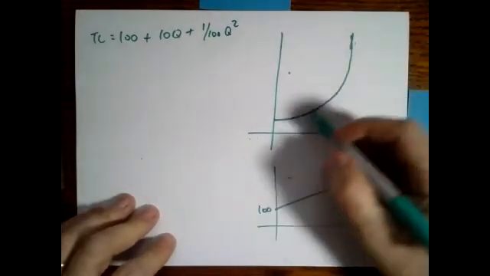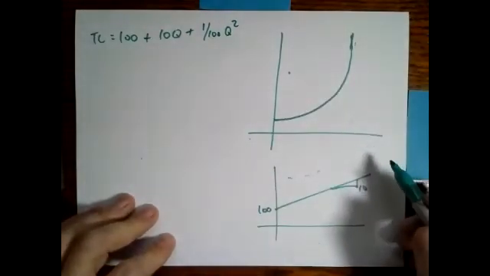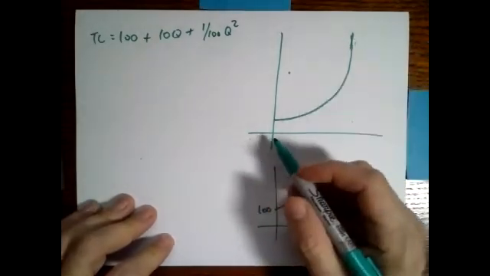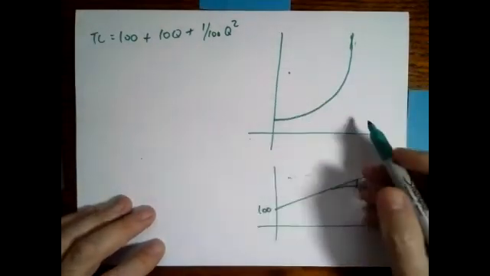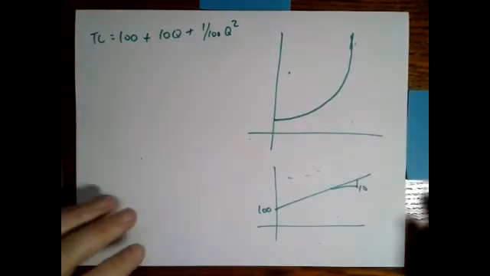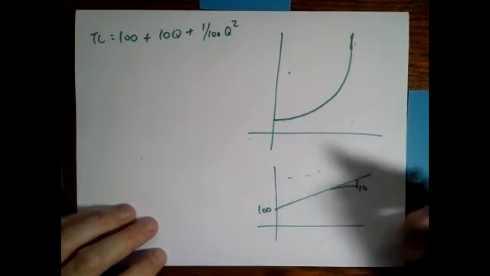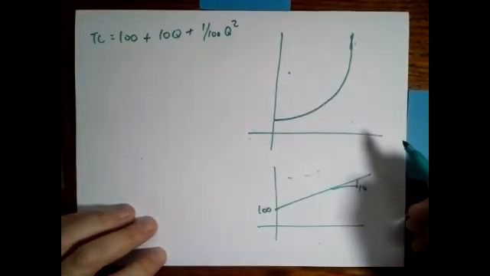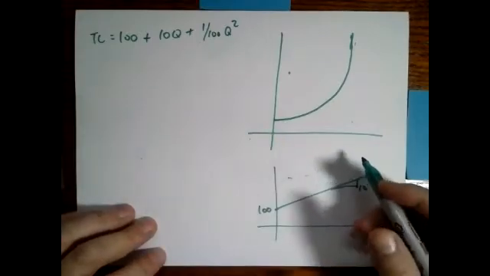Now we wind up with this half parabola, exponential growth of our total costs. We can't say just by eyeballing this what the marginal cost is, at least without our technique.